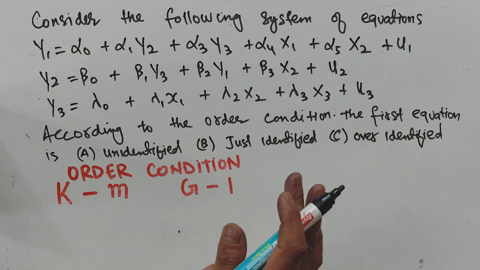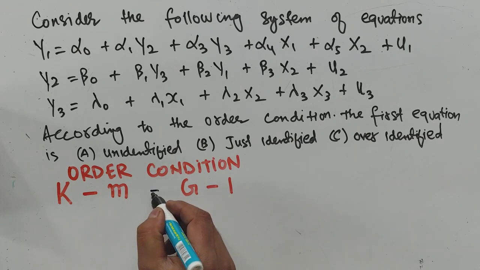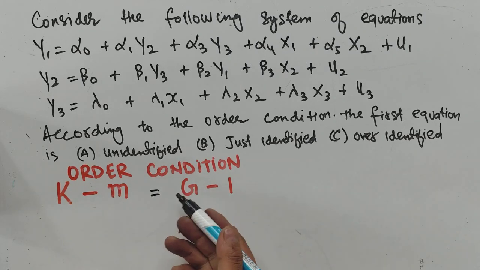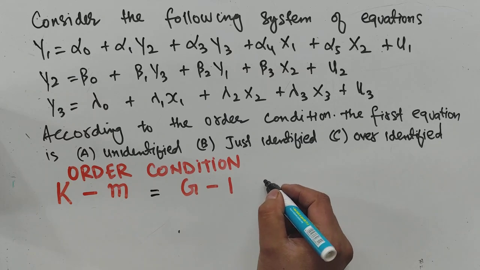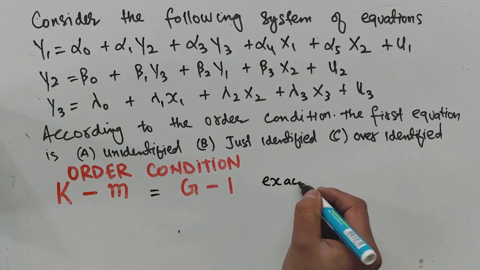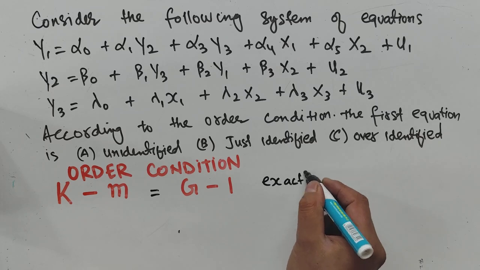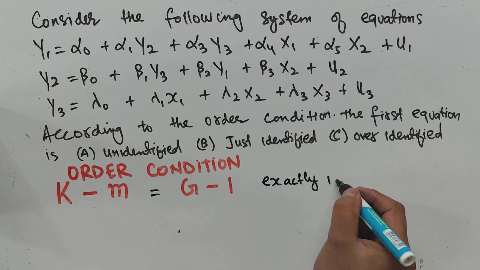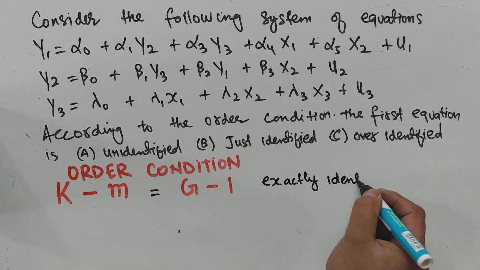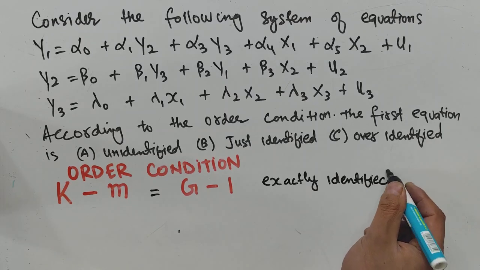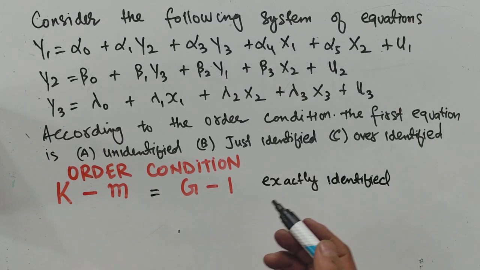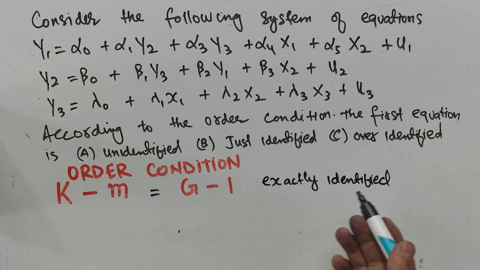Now, if we get the equality sign, then the particular equation is exactly identified.